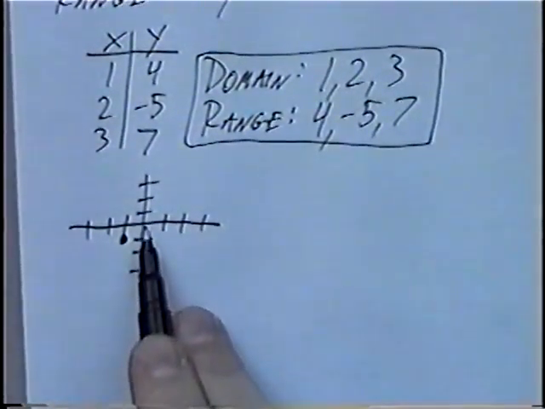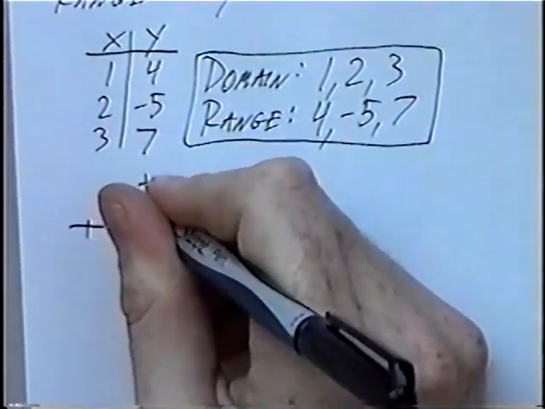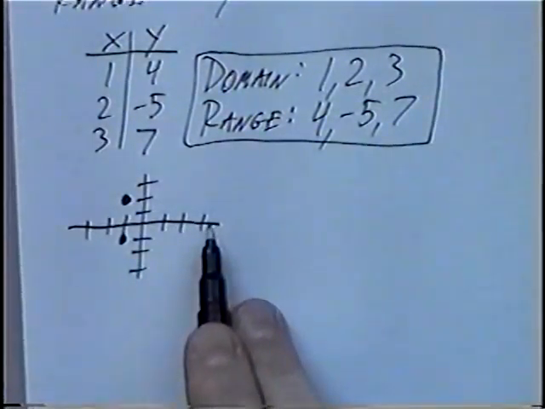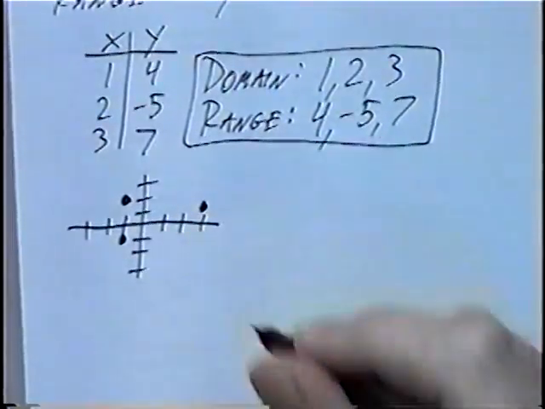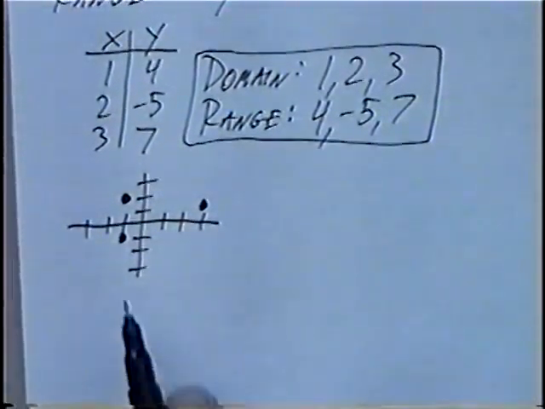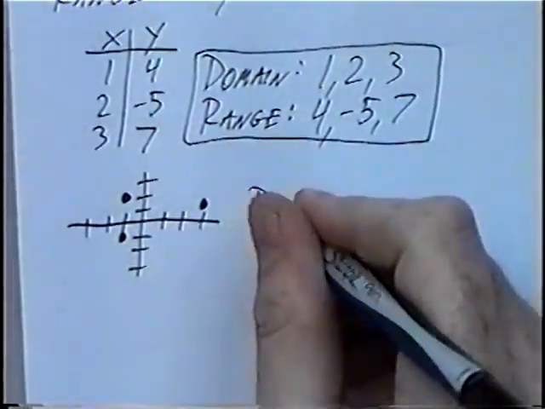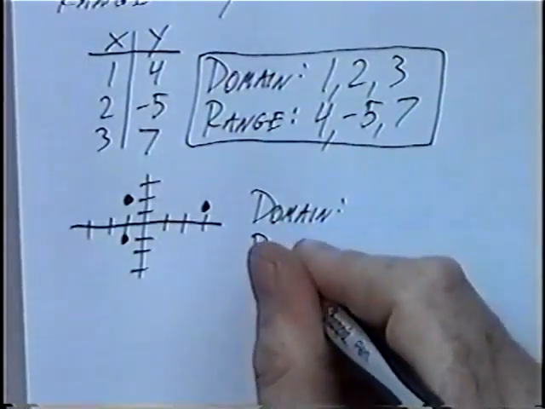The second point is at -1, +2. And the third and final point is at 3, +1. So in this problem we have 3 points on a xy axis. From this graph we can determine the domain and also the range.